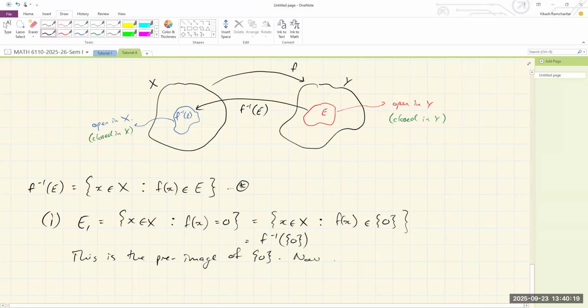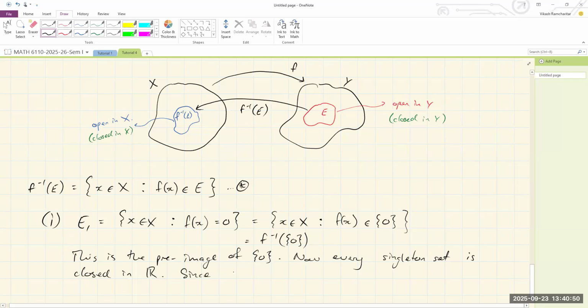And now, we could maybe write something even more general. Every singleton set is closed in R, and that's of course with respect to the usual metric or the usual topology.